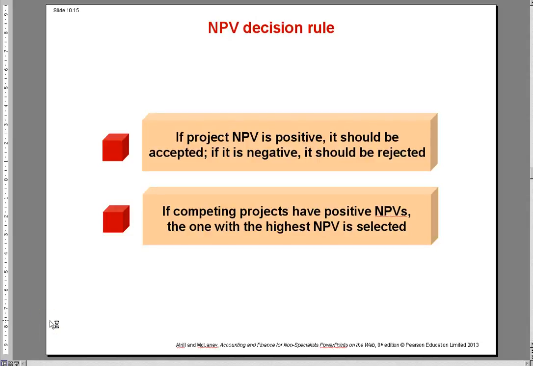So now we're going to look at the NPV decision rule, and the net present value, that's what it stands for, solves or provides a solution for some of the problems we noted earlier, namely that we had no real way of weighting the time of the cash inflow.